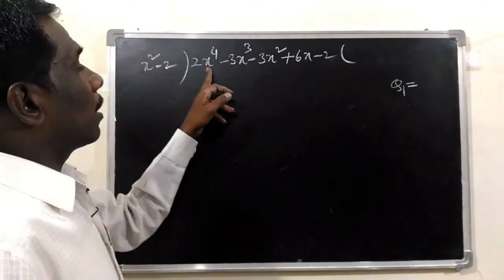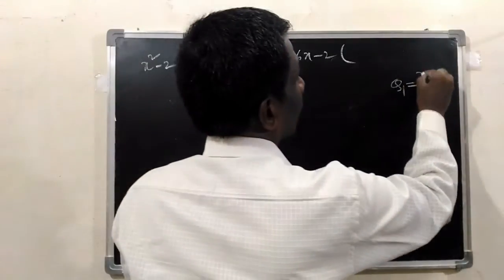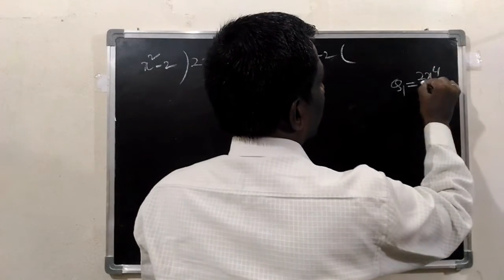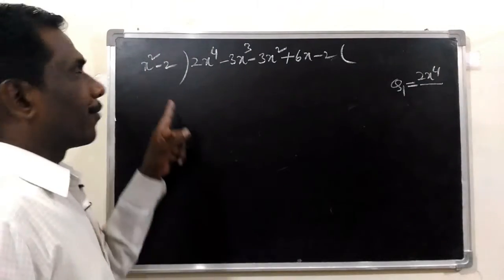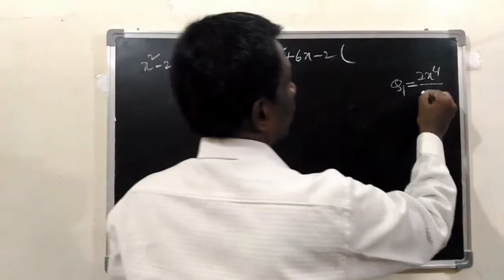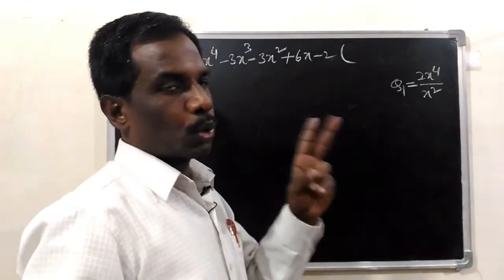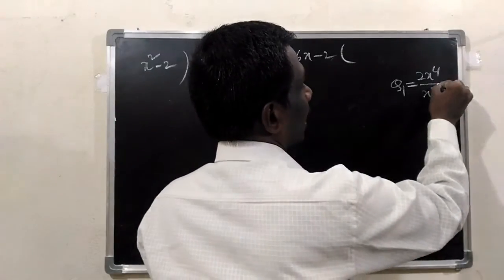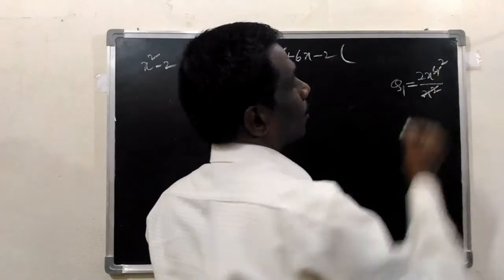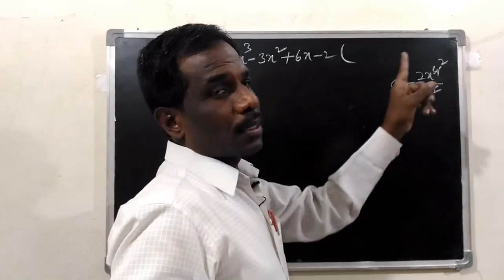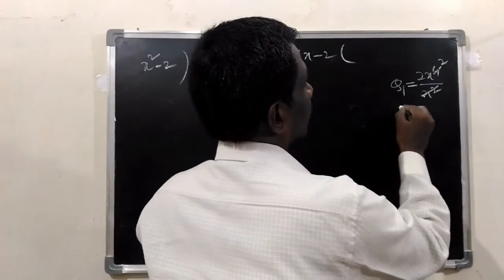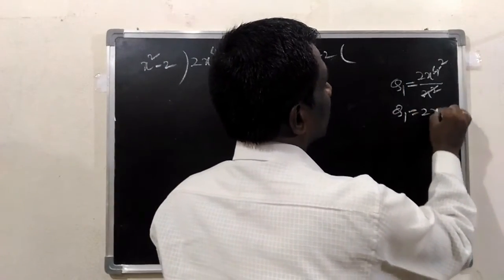Divide the first term of the dividend, 2x power 4, by the first term of the divisor, x square. If we cancel 2 x terms in numerator and denominator, we get 2 more x terms in the numerator, and that becomes 2x square.